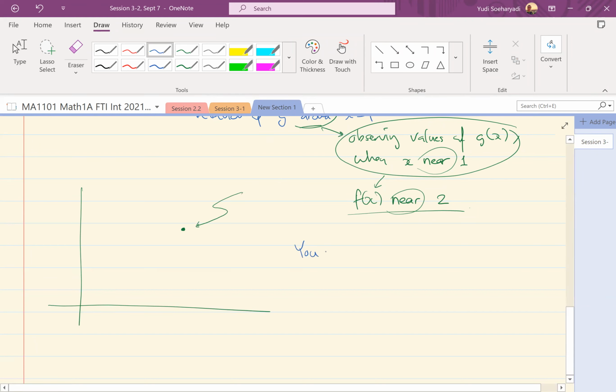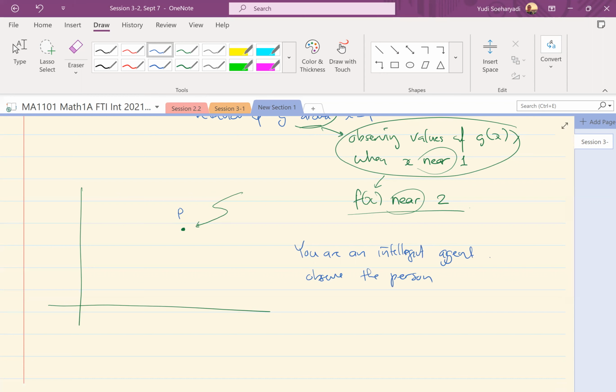Say, or an intelligent agent. Observe the person P. Okay. So what would you do is, well, you're supposed to know about P. What you don't want to do is just ask P, interview P directly, because that's what you're not supposed to do.